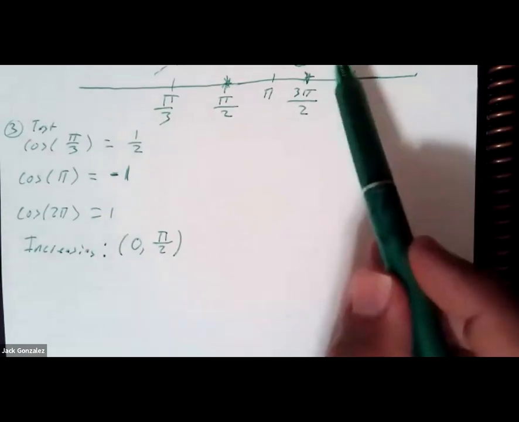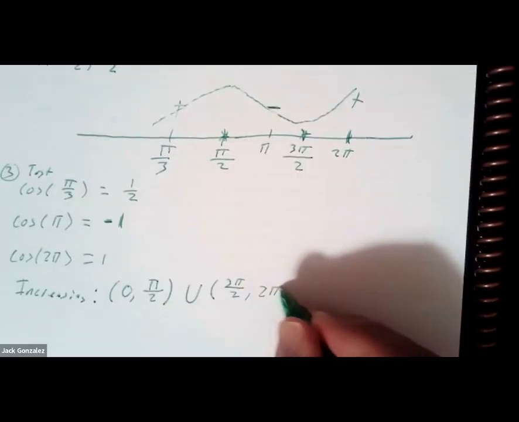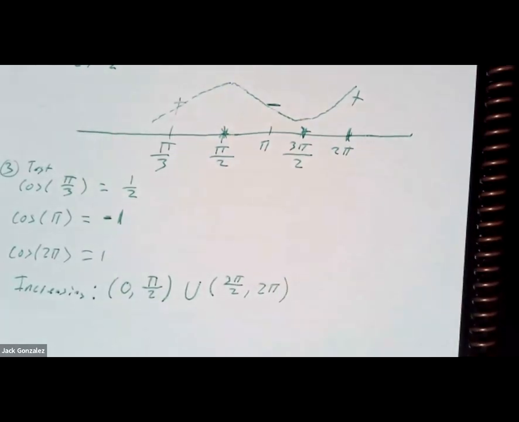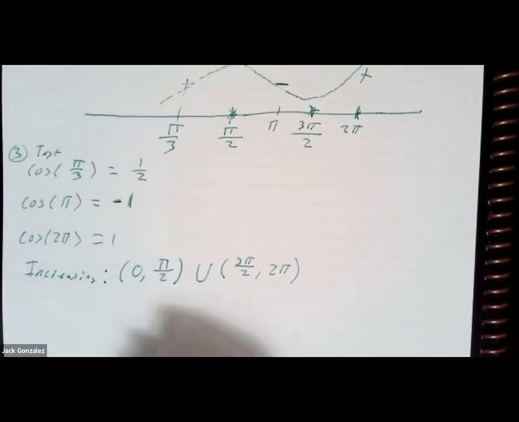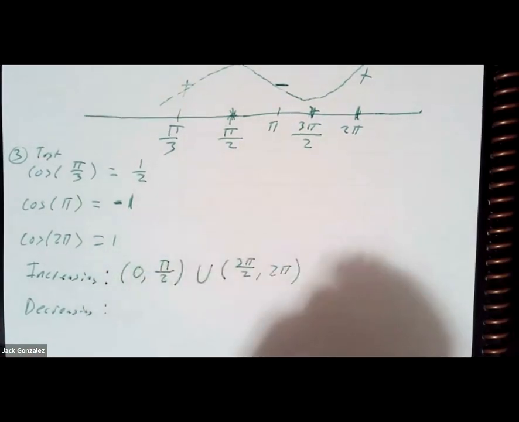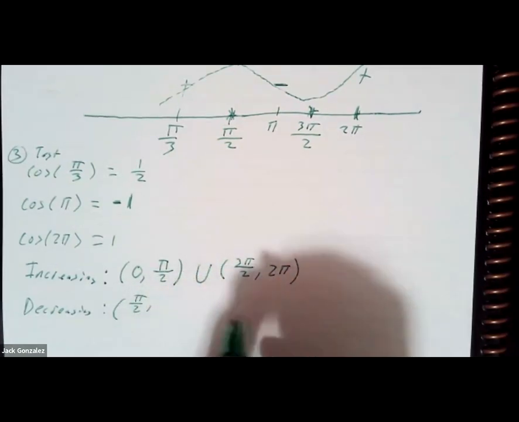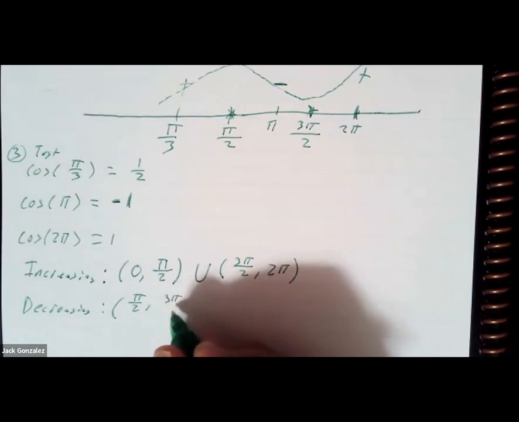Then we're increasing again, right? After 3 pi over 2. So it's 3 pi over 2 to 2 pi, right? Yeah. And we're decreasing from pi over 2 to 3 pi over 2.